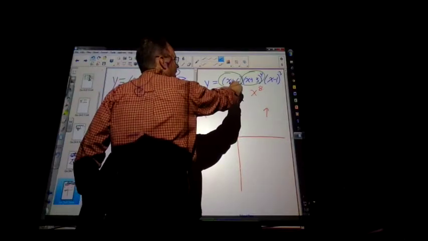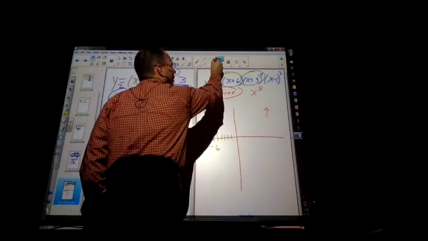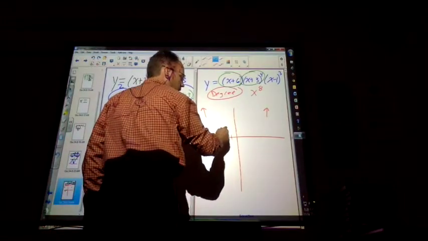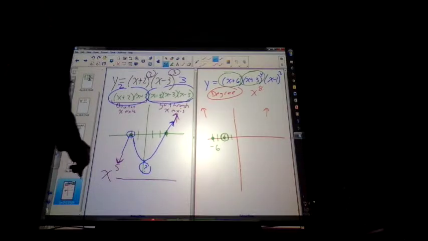So this is happening at -6. This is happening at -3. Sorry about that. So I circled that because there's going to be a bounce off the x-axis. The bounce could happen from the top, could happen from the bottom. What's my last one going to do?